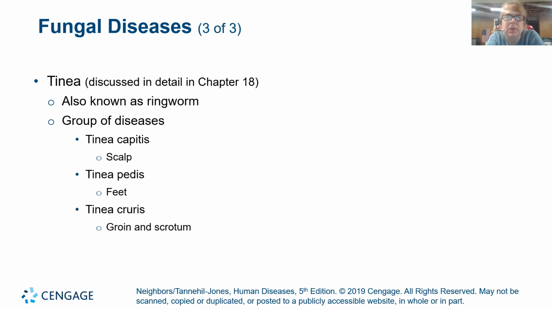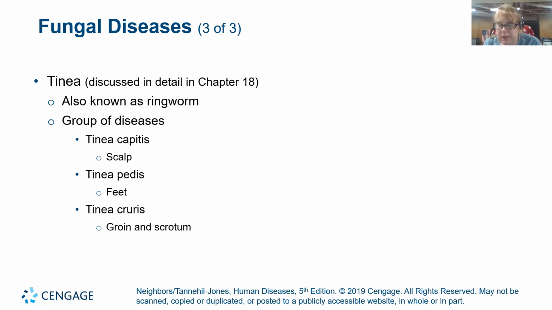Tinea is also known as ringworm, okay, and it's a group of diseases. Tinea capitis is on the scalp, tinea pedis is on the face, and tinea cruris is on the groin and scrotum. And again, these can occur in anyone from infants through adults, but we'll see it on children on their scalp if maybe they have a hat on all the time and we're not allowing their head to air out.